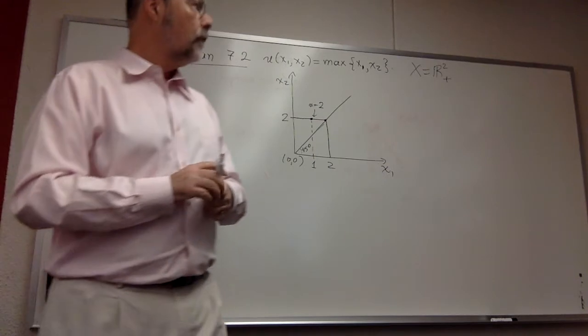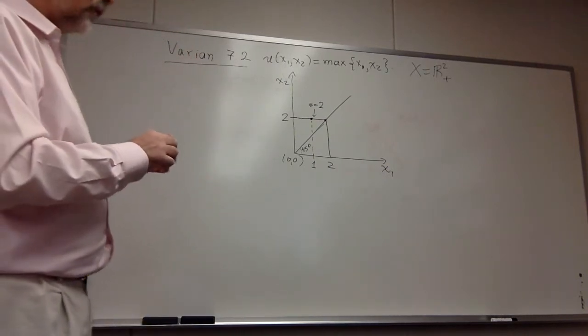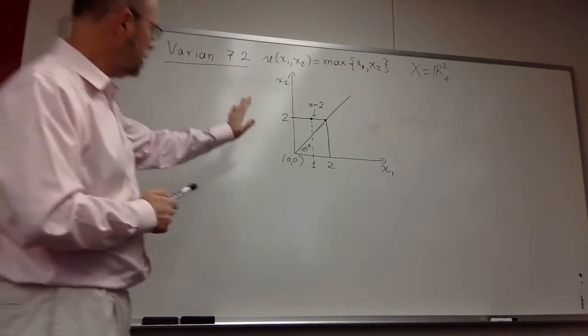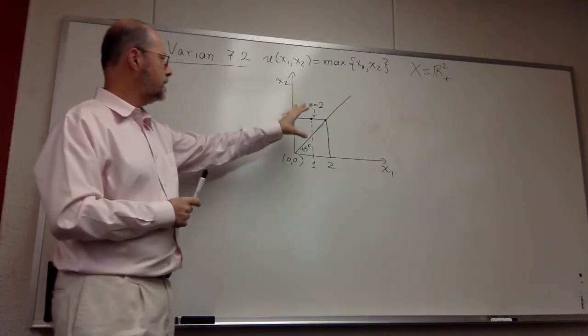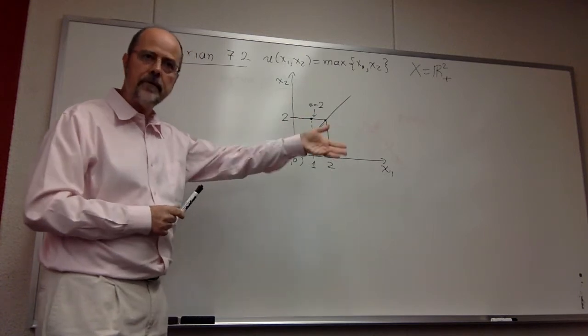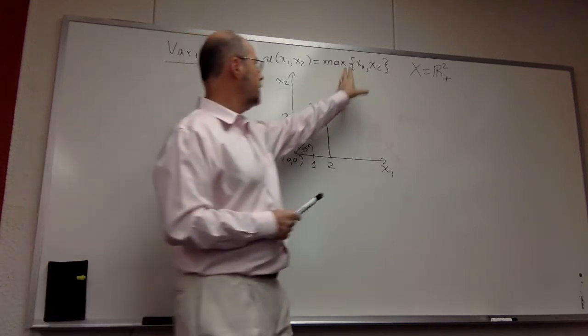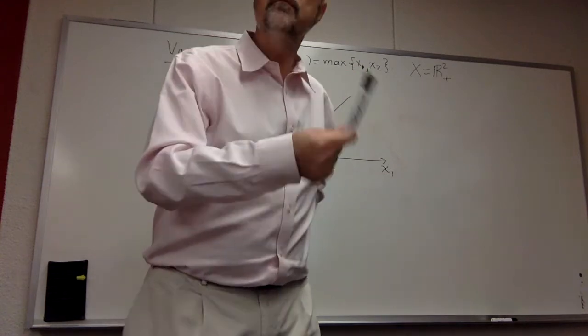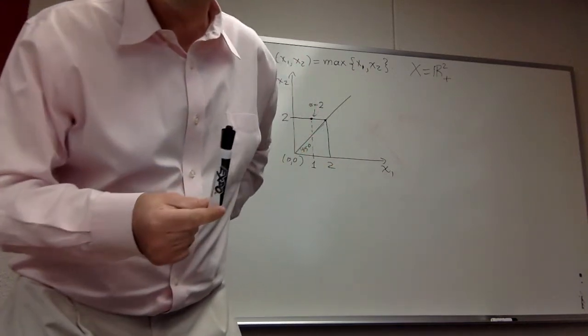Now, where is its upper contour? That is, all those consumption bundles that are at least as preferred to those, or strictly preferred. In this case, with the max, the person does like to have more rather than less. Yes?